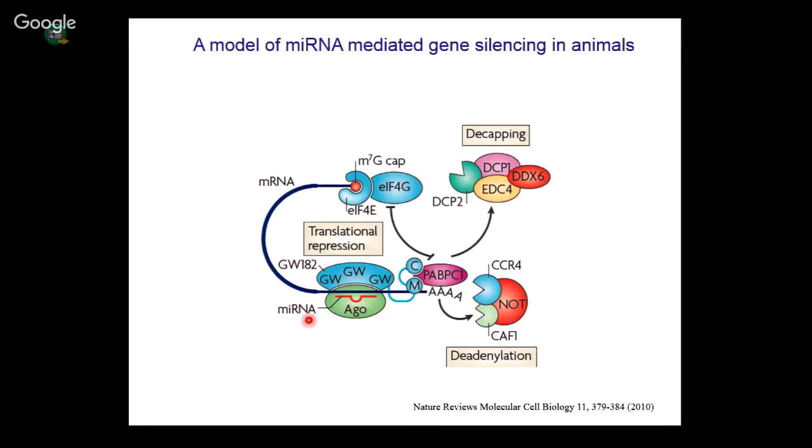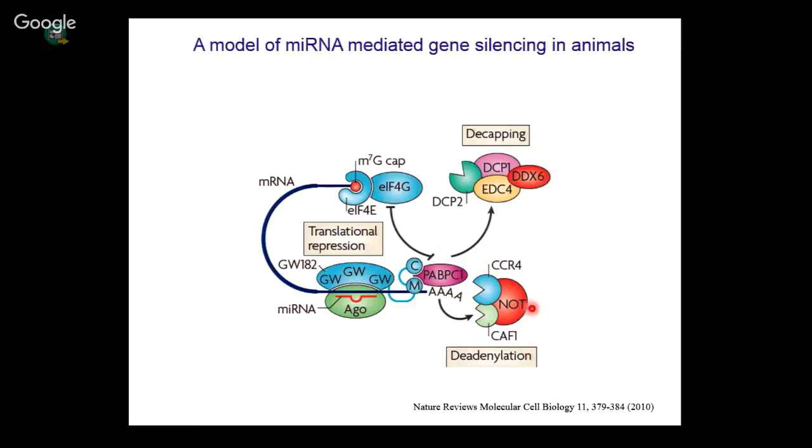If we start with AGO and the microRNA target recognition at the 3' end of the mRNA, AGO interacts with GW182, and GW182 recruits the poly A binding protein complex C1, PABPC1.